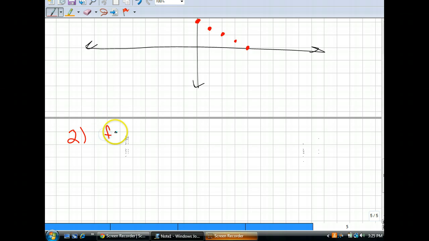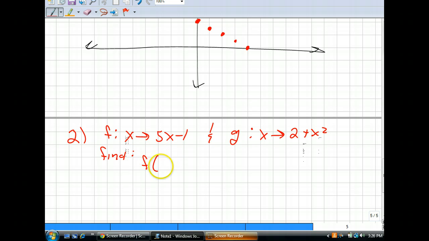If f is the function that takes x to 5x minus 1, and g is the function that takes x to 2 plus x squared, find f of 10. So that says in the f function, wherever there's an x, put a 10 in its place.